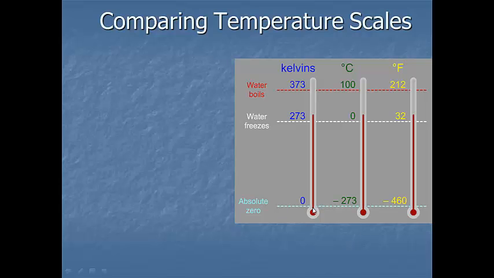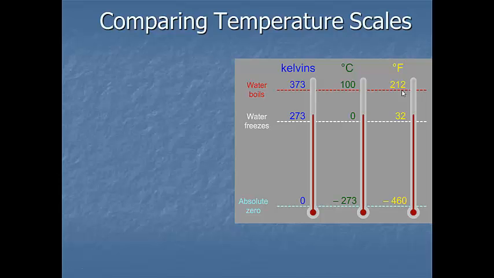I will want you to memorize each of these points on each of the temperature scales. So absolute zero, you should know 0, negative 273, negative 460. Water freezes, you should know 273, 0, 32. For water boils, you should know 373, 100, and 212.